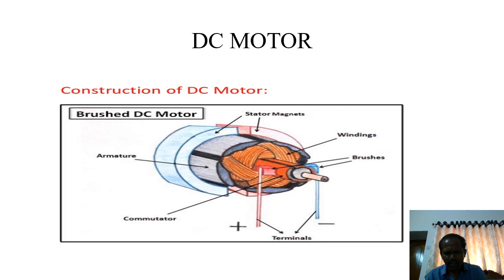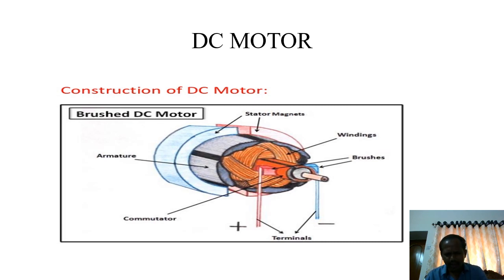Here this one is the commutator. These are the positive and negative terminals connected to the brushes. From the diagram we are observing the individual parts located on the DC motor.